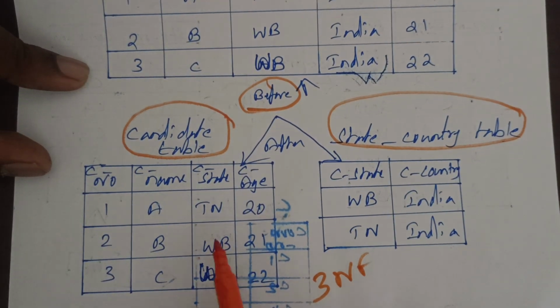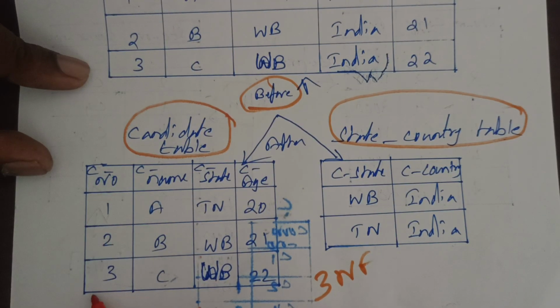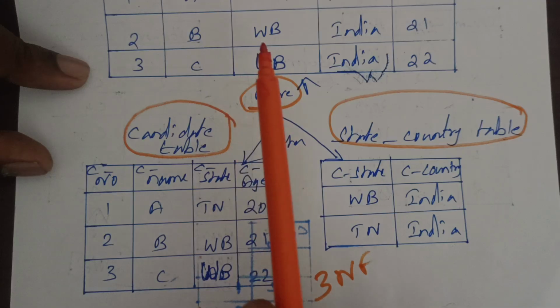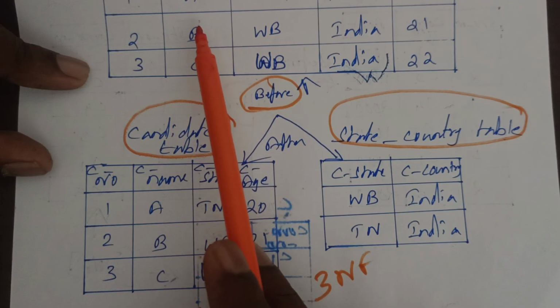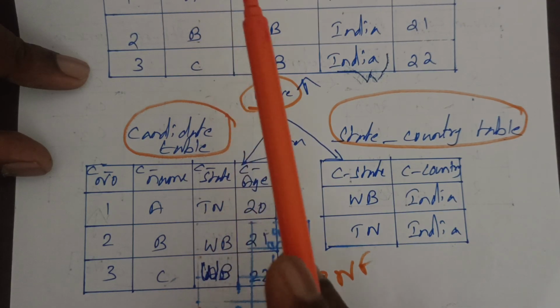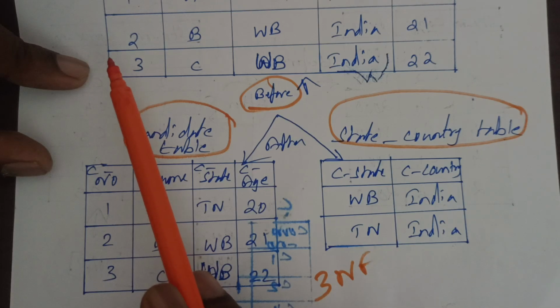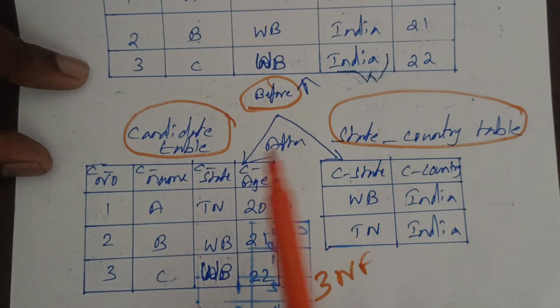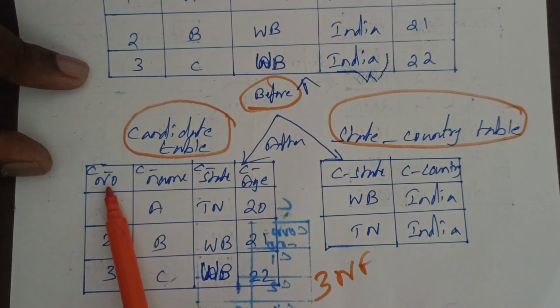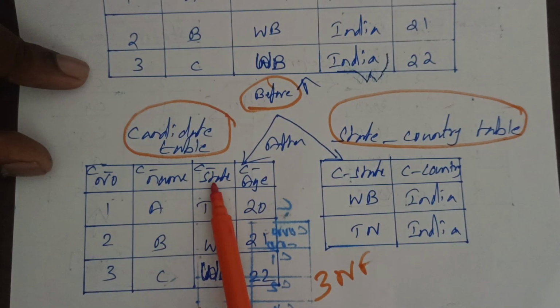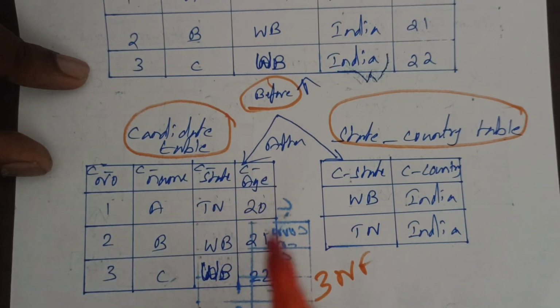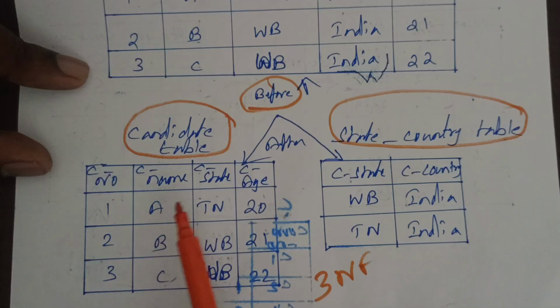Now listen, there are only 3 rows here and 4 numbers. I told you already, whichever columns have non-transitive dependency, we are going to separate those, and the transitive dependency separately. So here you can check candidate number, candidate name, candidate state, and age, right? Here candidate number, ATN, Tamil Nadu, age 20.